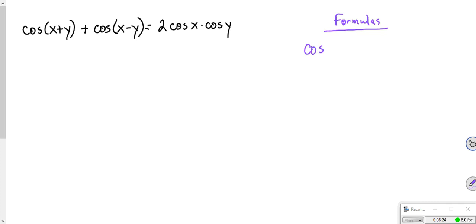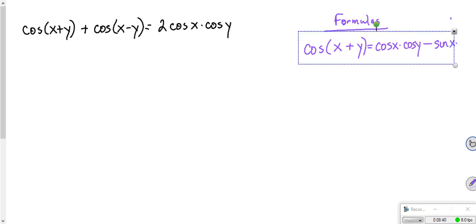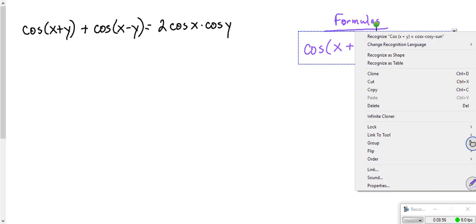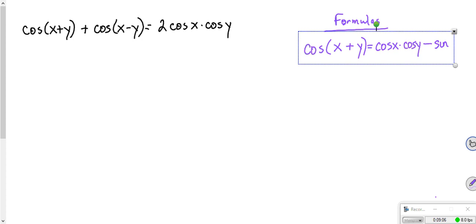So cosine of x plus y, let's do the plus one first, equals cosine x times cosine y minus sine x sine y.